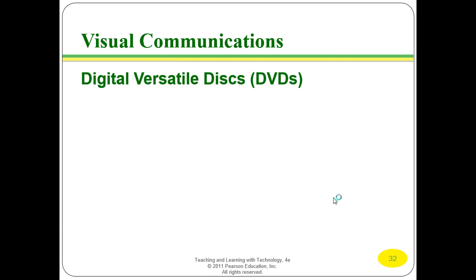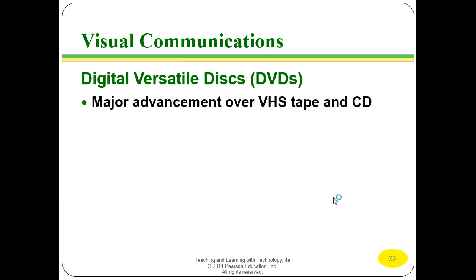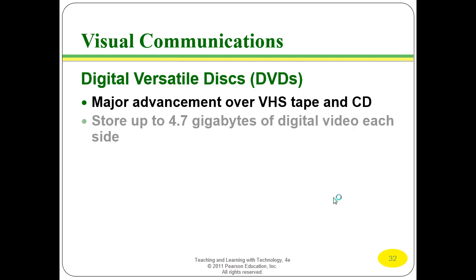Then we've got our DVDs, or digital versatile discs. They constitute a major upgrade on VHS or CD media. They can store up to 4.7 gigabytes of digital video on each side. We are now up to 8.4 gigabytes on a side, so basically they've doubled.